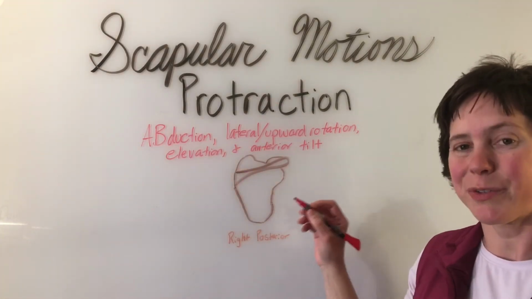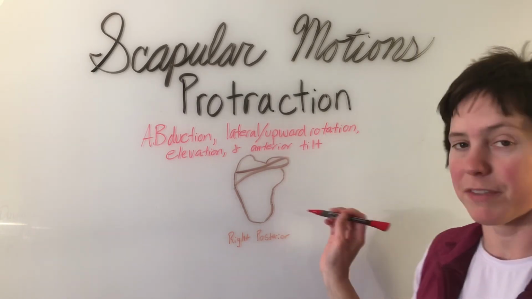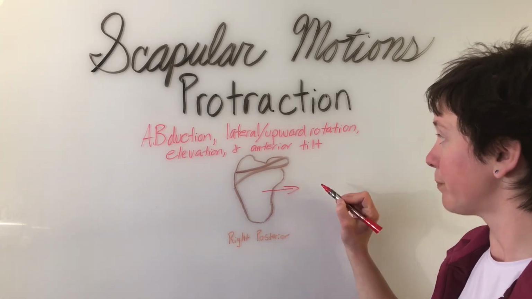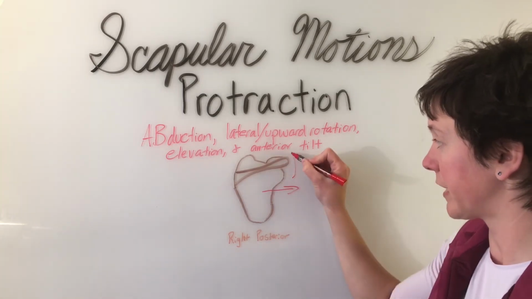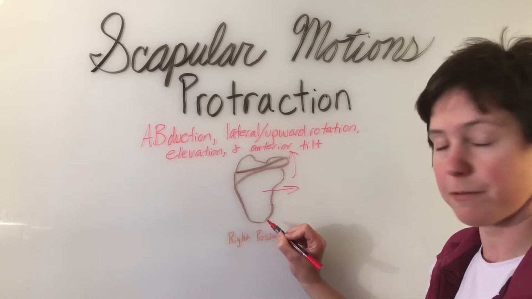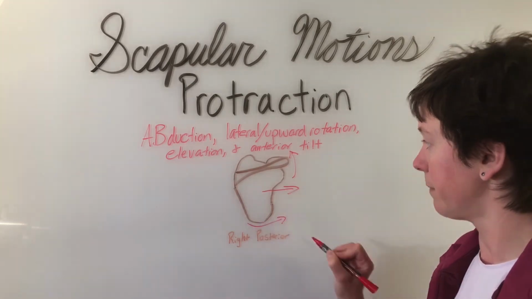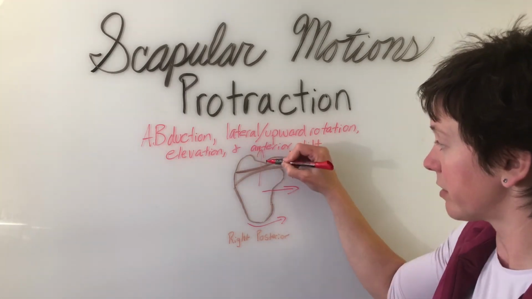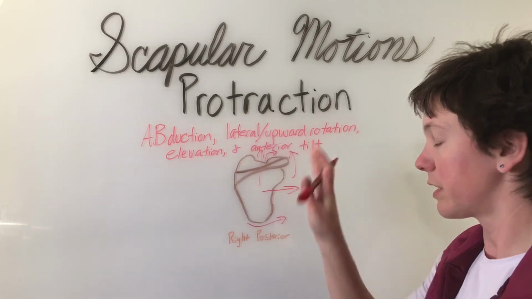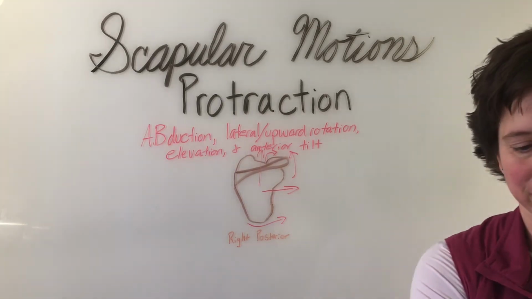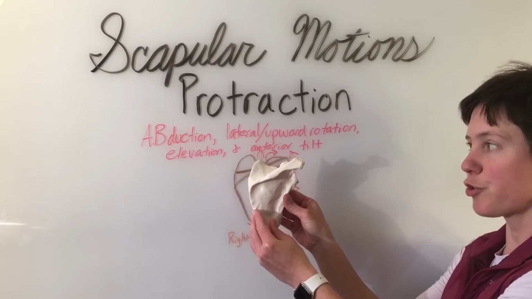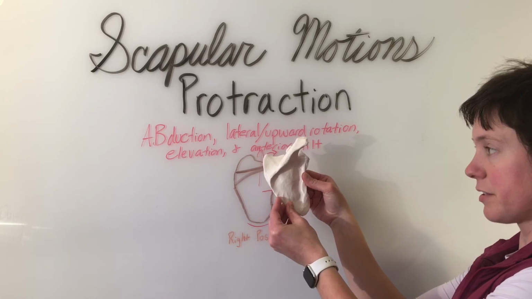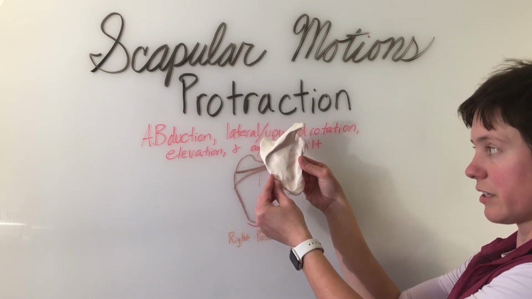So on our 2D model, protraction will have the combination of abduction, lateral or upward rotation, where the glenoid cavity goes cranially and the inferior angle goes laterally, elevation, where it slides superiorly, and anterior tilt, where it tilts anteriorly. So on our scapula, protraction is a combination of abduction, lateral upward rotation, elevation, and anterior tilt.